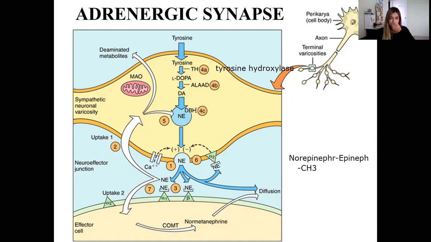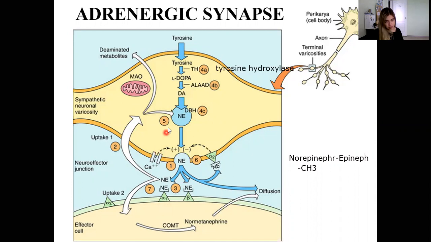What happens after the synthesis of norepinephrine? It will be stored in the deposition site, in the vesicle inside the neuron. When the neuron is stimulated somehow from the CNS, or somewhere on the way, it doesn't matter, many calcium ions will go inside the neuron.